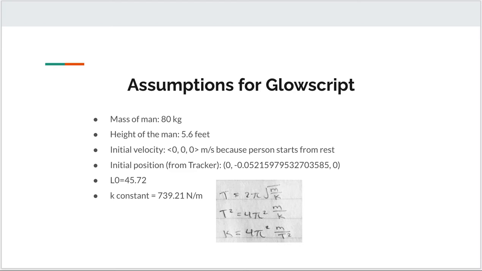We also know that the rope is 45.72 meters long, so we can set that equal to L naught. I'm also able to calculate the spring constant K using the equation listed on the slide, which involves tracking the amount of time it takes for him to complete one oscillation as well as his mass.